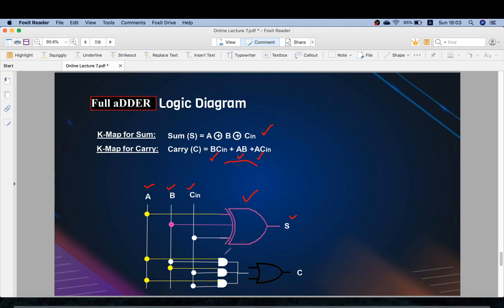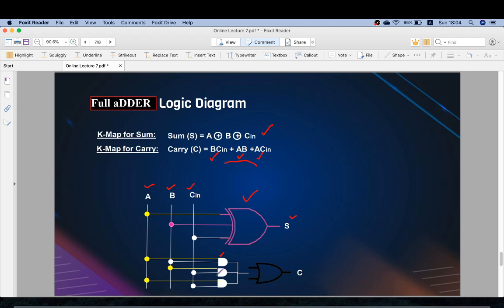Now we will draw B C in with the OR gate. So we have 3 equations and the sum of these 3 equations there. So first we will take the equations one by one. Here we will be using AND gates for all 3.